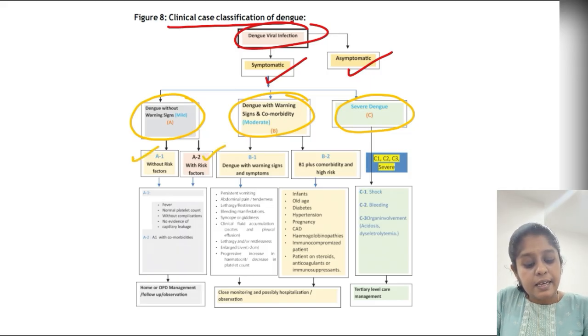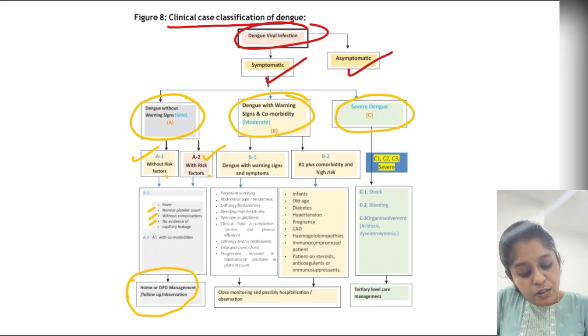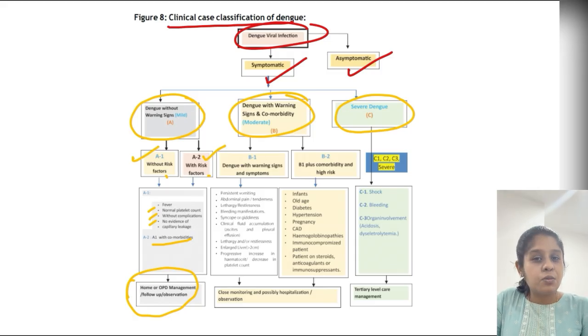In A, you can again classify into A1 and A2 as with risk factor, without risk factor. So if it is dengue without warning signs, you do a home-based or OPD-based management. So here the patient will have only fever, normal platelet count without complication and no evidence of capillary leak. And if the patient has comorbidity, you just call it as A2.